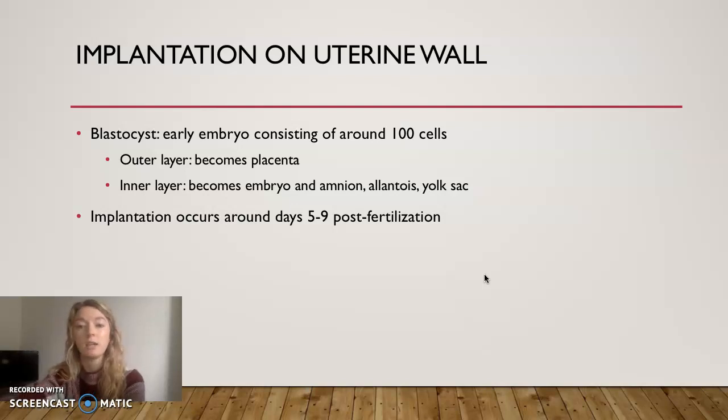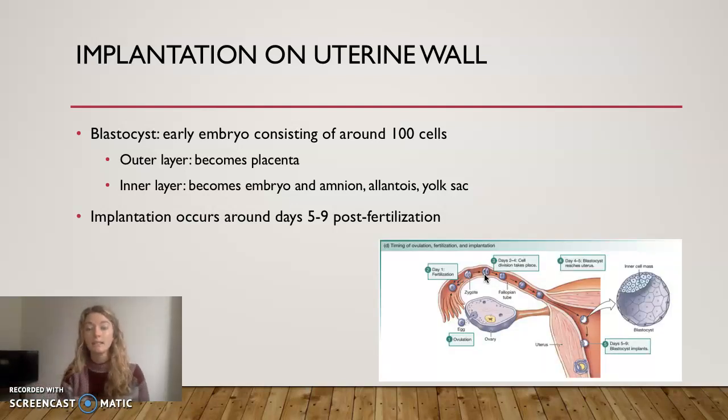Here is an image taken from Silverthorne that details the process of implantation. Here we have an egg that's released via ovulation, and it's fertilized by a sperm. Once fertilized, the egg becomes a zygote and begins to travel through the fallopian tube. All the while, it's undergoing mitosis during days 2 through 4 after fertilization.